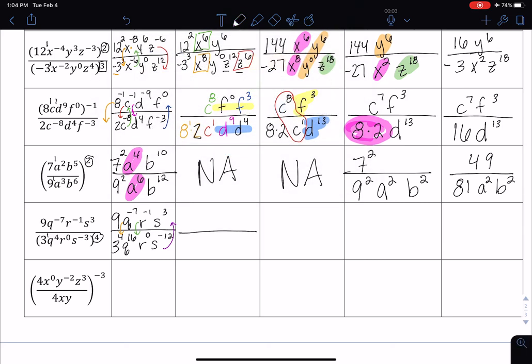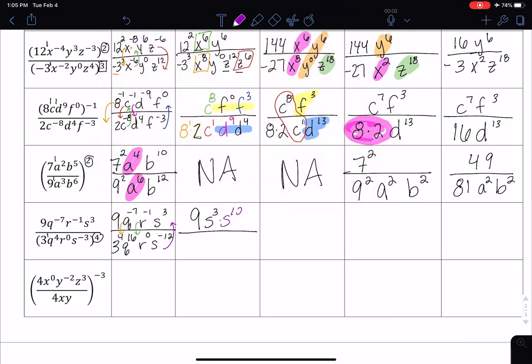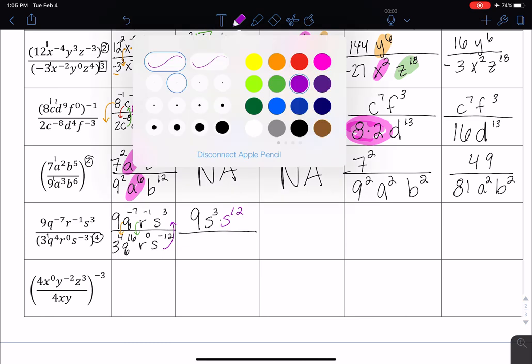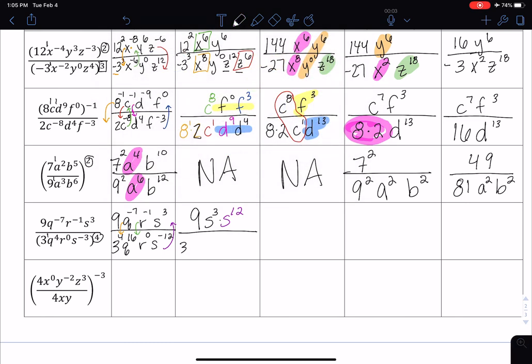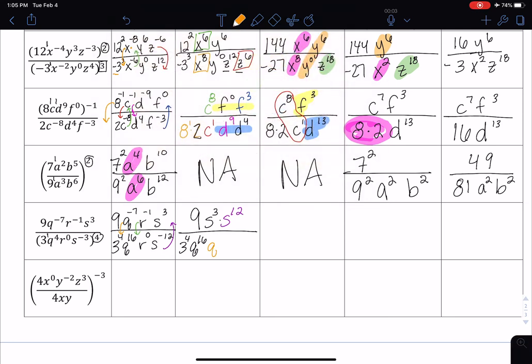So now I'm going to write that down. 9 s cubed, and then the s to the 12th is coming up. Then on the bottom, 3 to the 4th, q to the 16th, and then the q to the negative 7 came down to become positive.